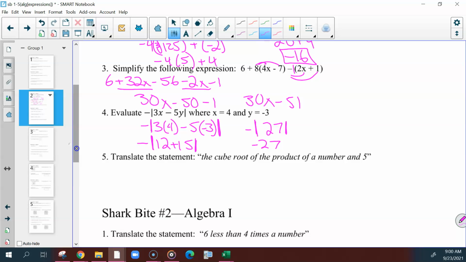What did we get for the cube root of the product of a number and 5? The cube root, the thing that looks like a check mark. 3, then 5n.